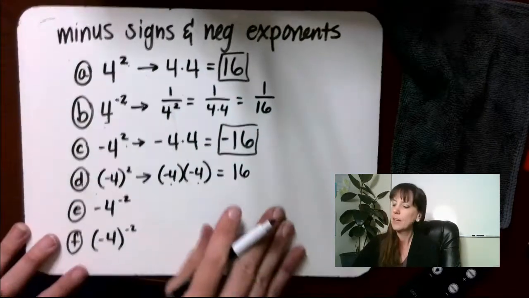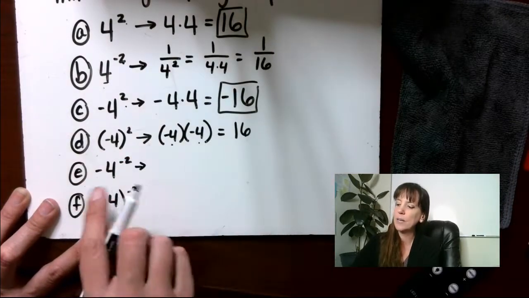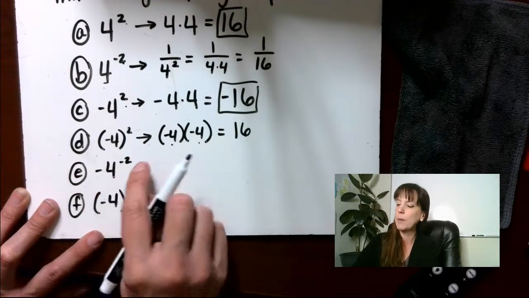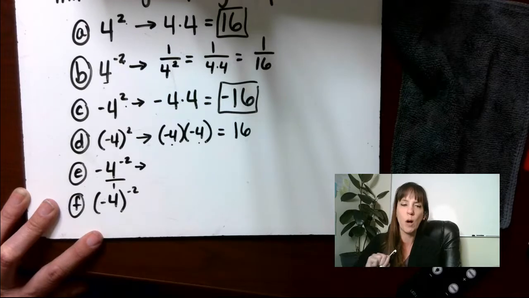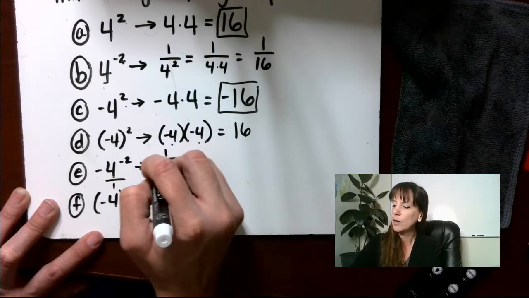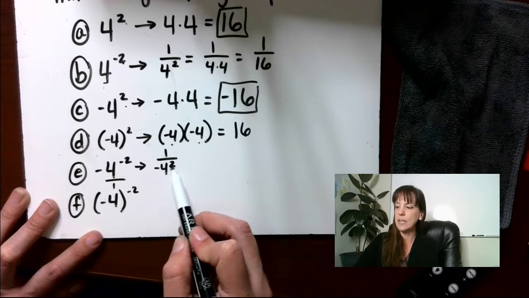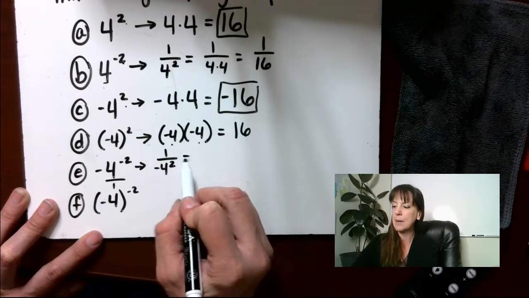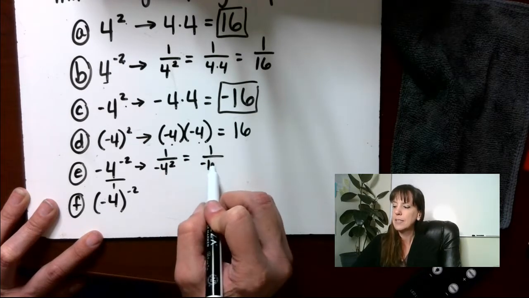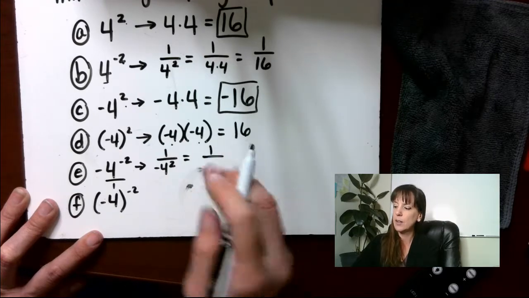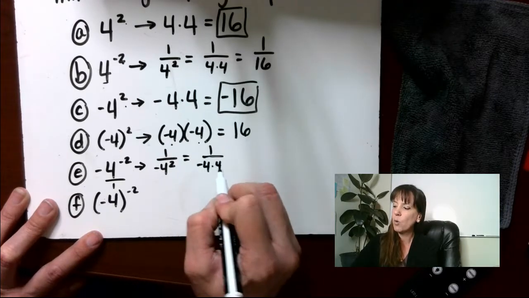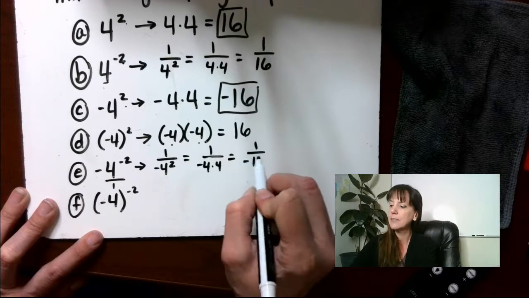You can see that. All right, for this guy here, we're gonna still keep that negative 4, but that's a negative attitude. Again, that's over 1. So it's gonna be 1 over negative 4 squared. We're gonna apply that same rule here. We need to do the exponents and then slap a negative on it. So it's 1 over negative, I'll write it all the way out. Negative 4 times 4, which equals 1 over negative 16.